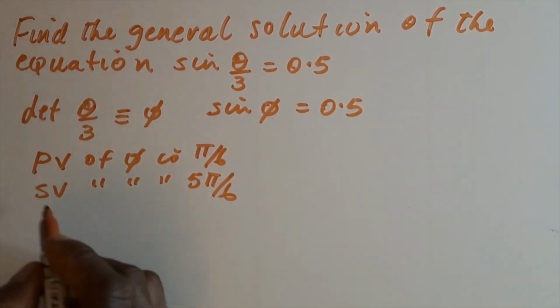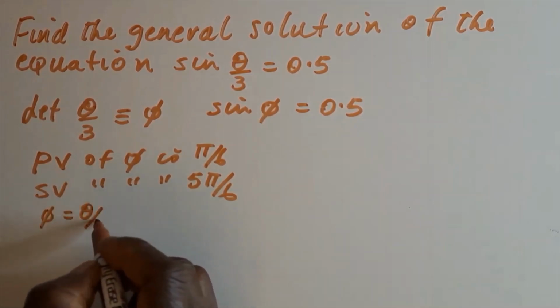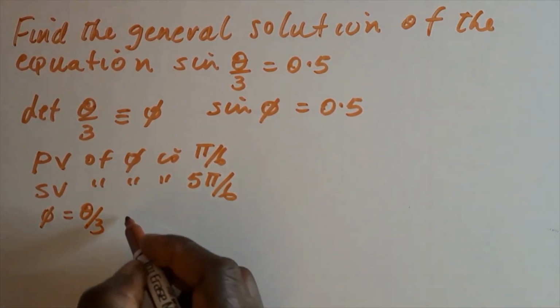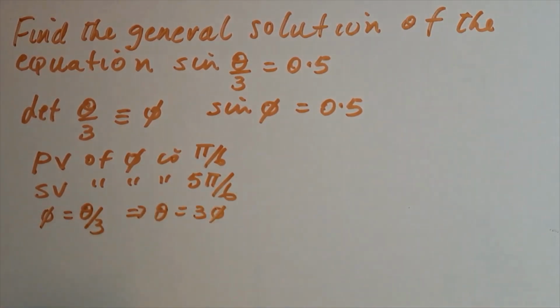Now, we know that phi is theta over 3, which implies that theta is 3 times phi.